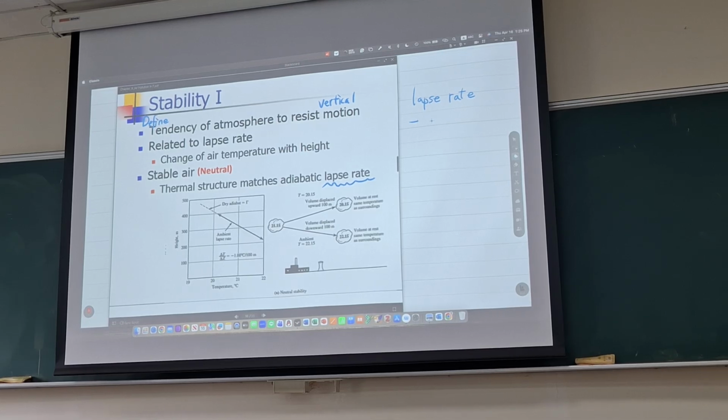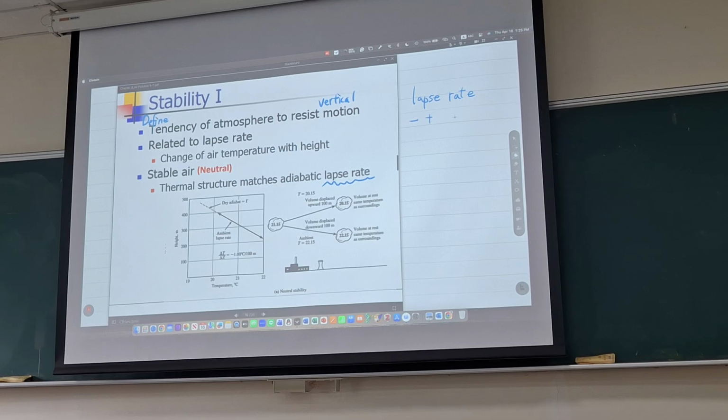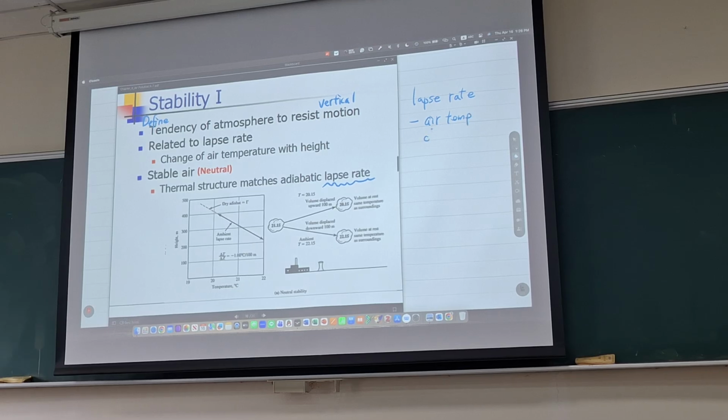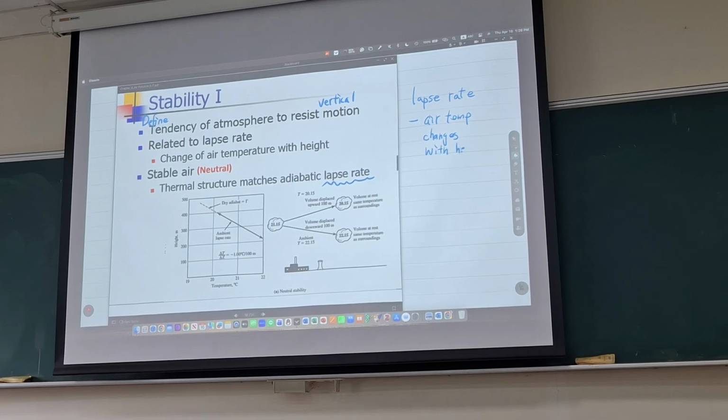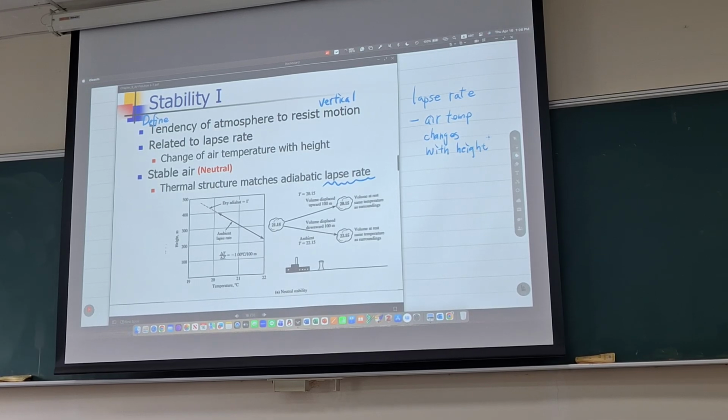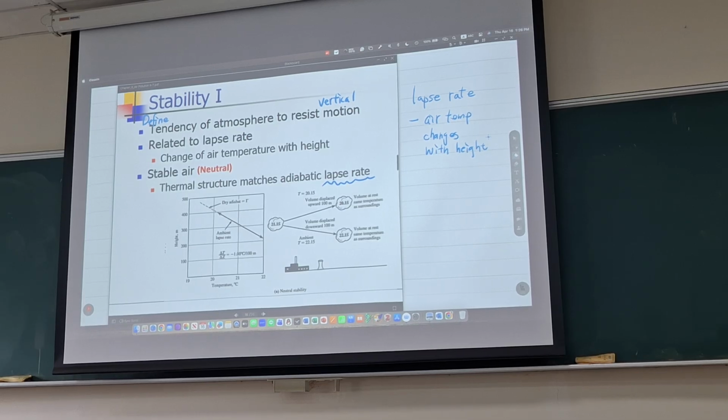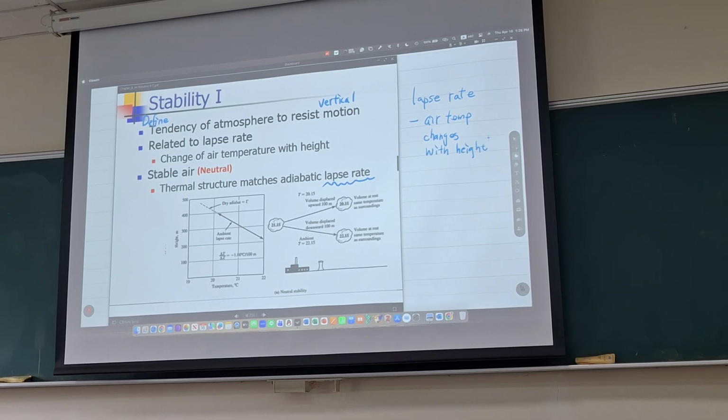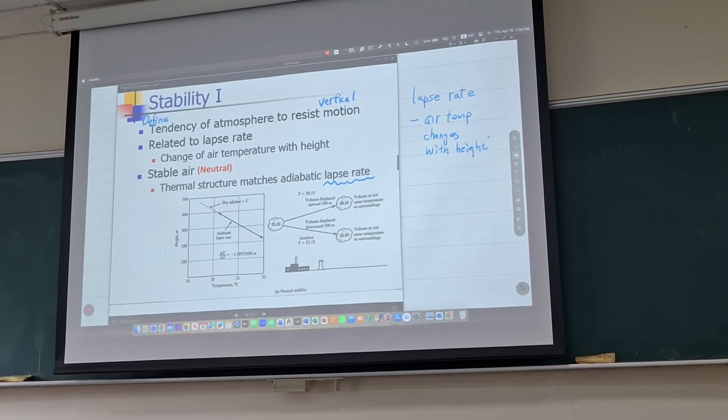So lapse rate is the rate at which air temperature changes with height. Okay? So the stability is usually related to this so-called lapse rate. So this is the rate at which air temperature changes with height.